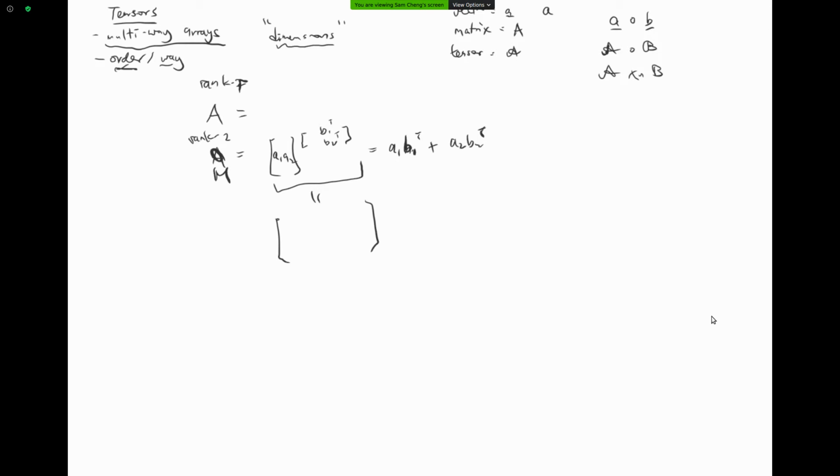Then the columns are M1, M2, and so on to Mn.